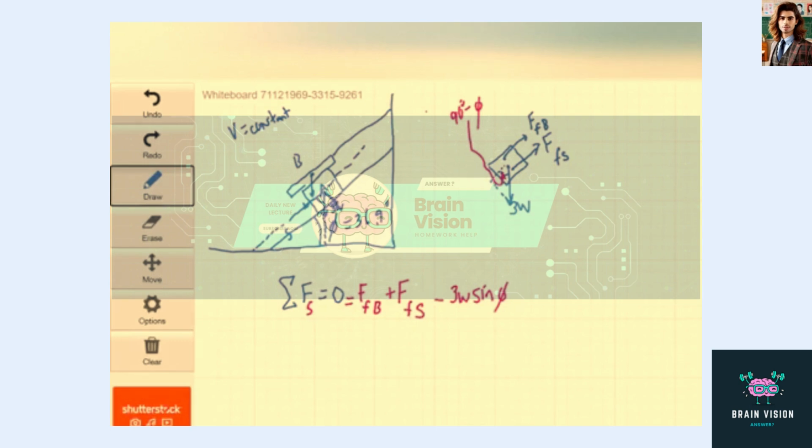So, if we used the sine phi here, and this is going to be perpendicular to that, then we need to use cosine phi.